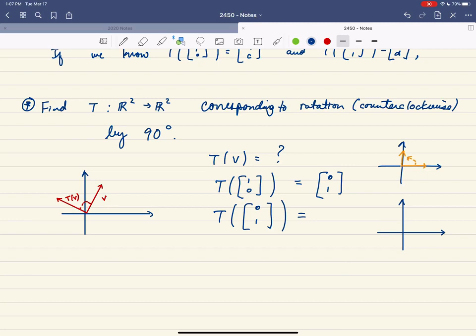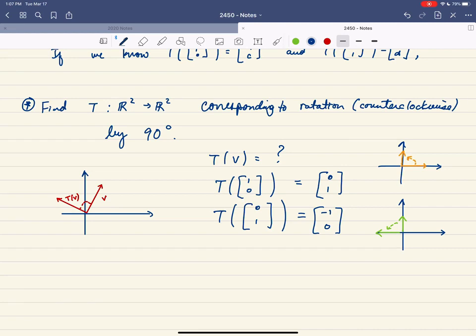Forget about the fact that this vector and this vector are the same. That's a coincidence. What I mean is that that's not going to be true in general. All we want to know is what happens to our input basis vectors, (1, 0) and (0, 1). And so (0, 1) is going to be this vector, and that's going to get moved to this vector over here. And that vector is going to be, let's think about what it is. So this is (-1, 0).